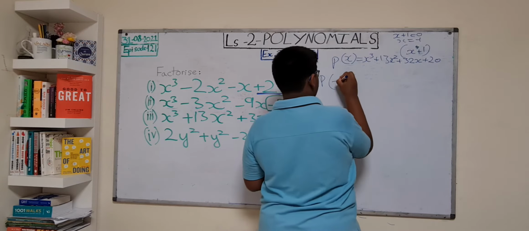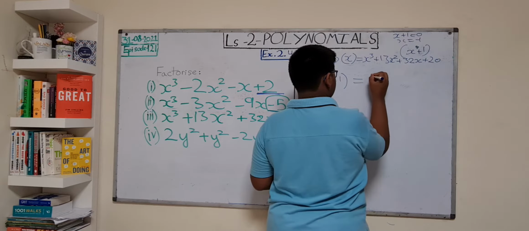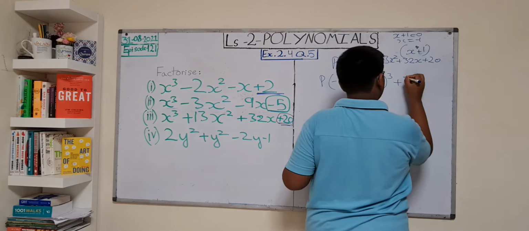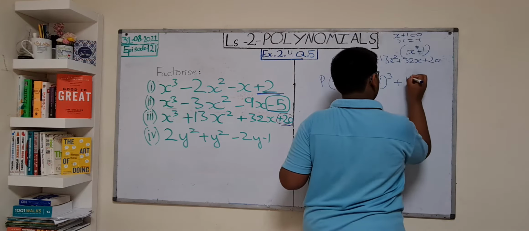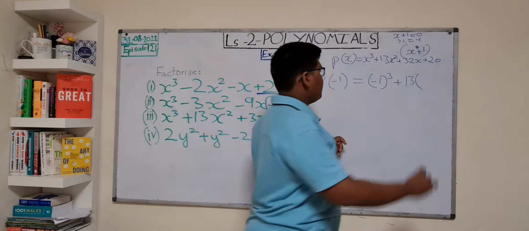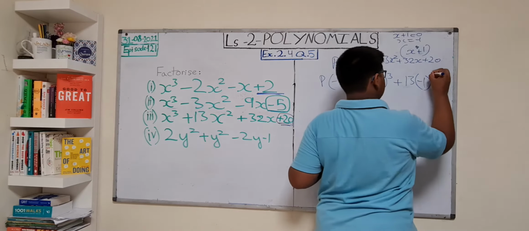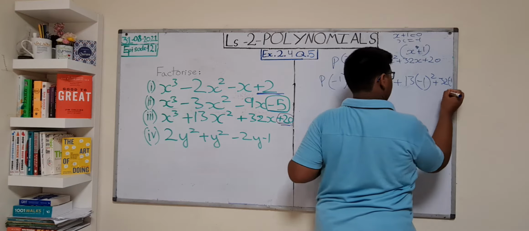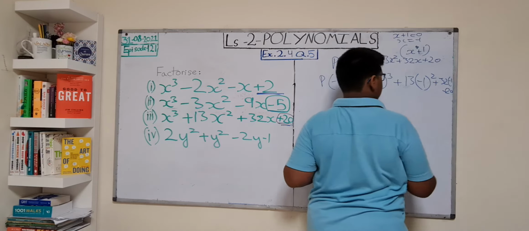Then p of minus 1 is equal to minus 1 cube plus 13x, right? So x we have to write as minus 1 square plus 32 into minus 1 plus 20 as it is.